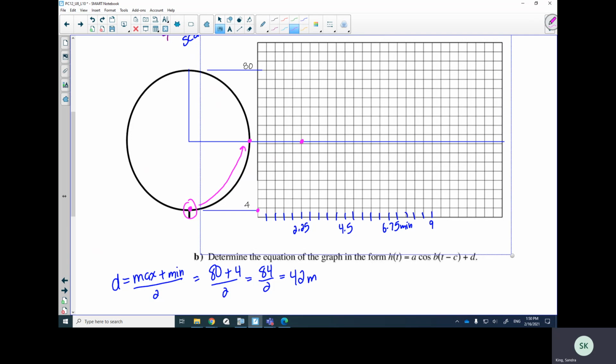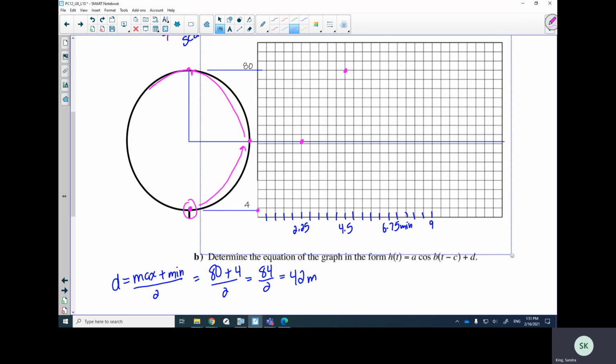This is why you really want that scale. Then, if they go another 2.25 minutes, they're at the maximum now. So now, at 4.5 minutes, they're at the peak at 80 meters. So they're going to be right there.